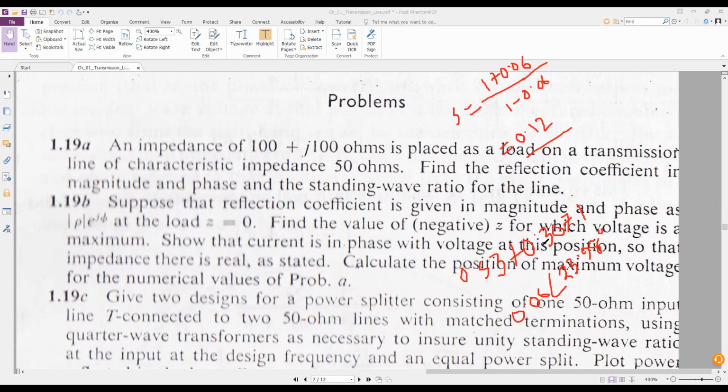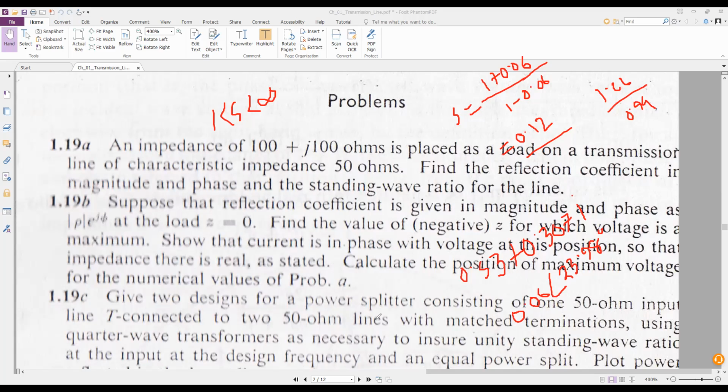Wrong. It is wrong, I think, because the value should be 1 to infinity. Sir, it is only one. 1 plus 0.06 divided by 1 minus 0.06. It will be 1.06 divided by 0.94.